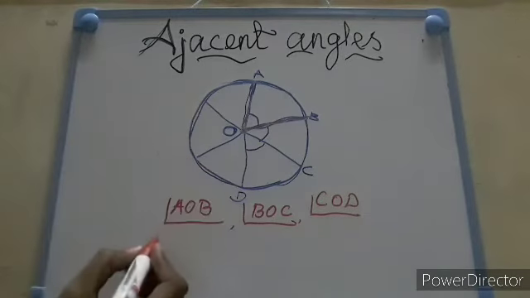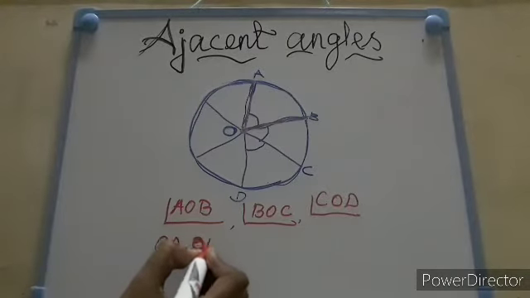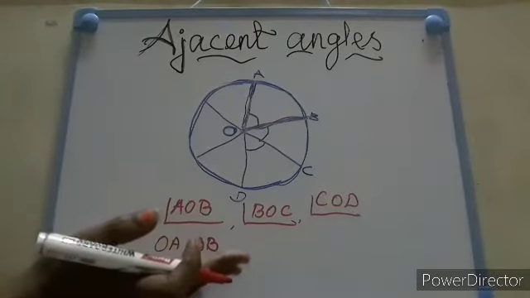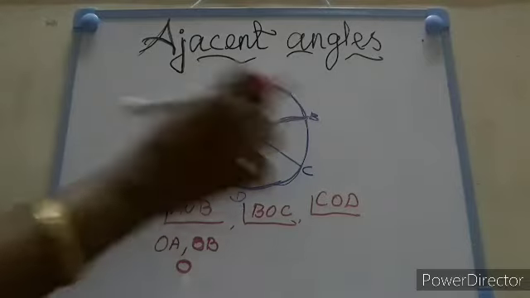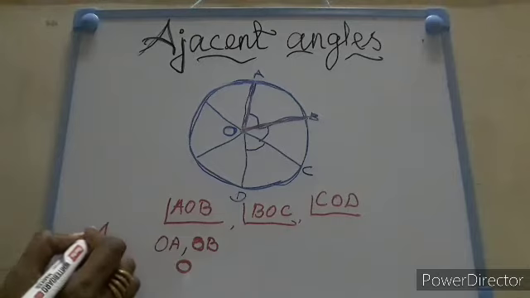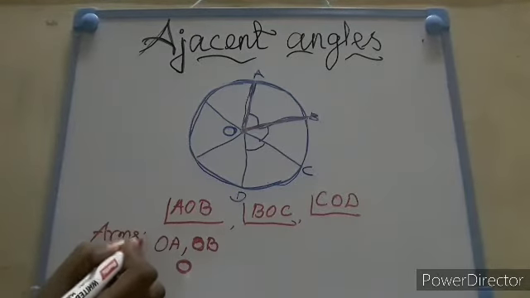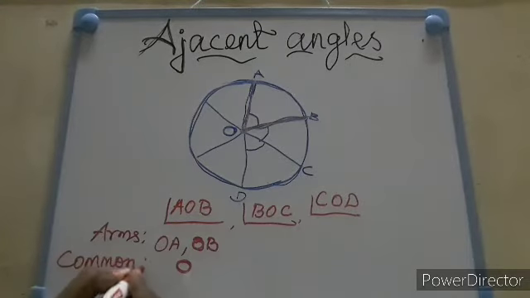So two arms OA and OB joined at the common point O. Then only we can make angle AOB, right? The same way, these are our arms, and this is the common point.